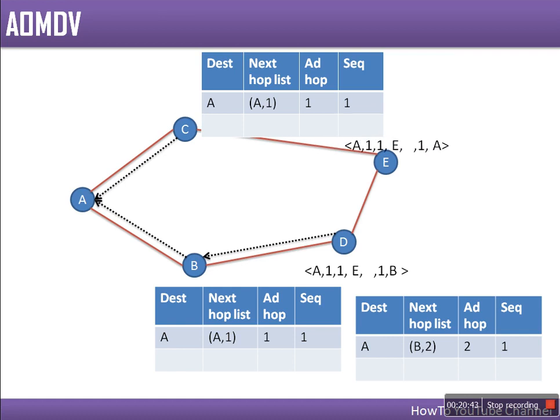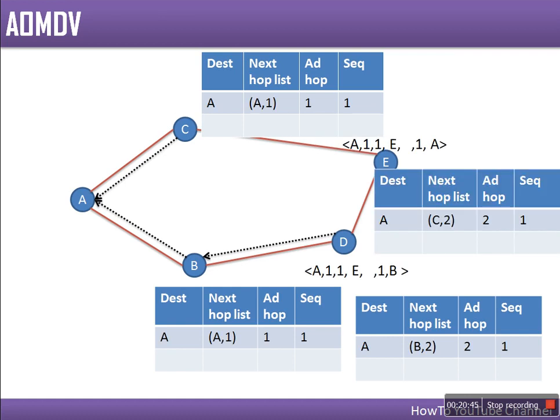And the same for E. Here node E will receive a route request packet. So E will find out that in order to send any packet to A, it should forward those packets to C. C is one hop away from A, so from E the total distance will be 2. So E also will create one entry in its routing table.